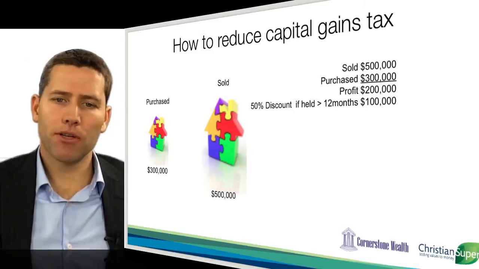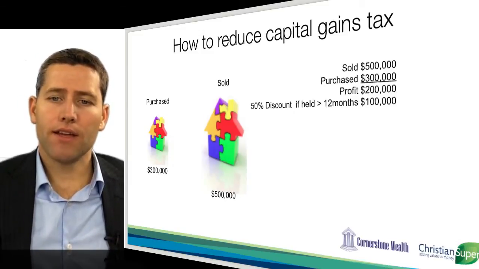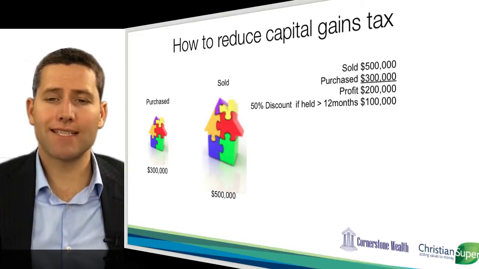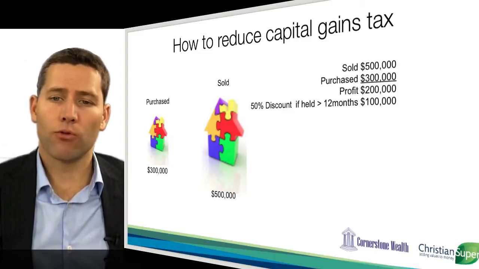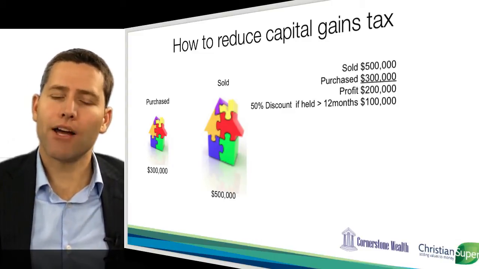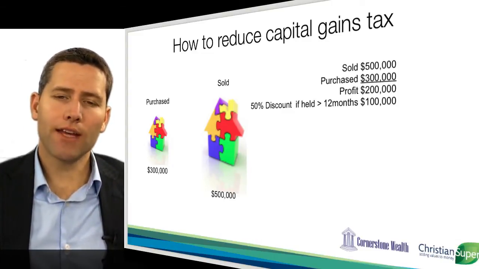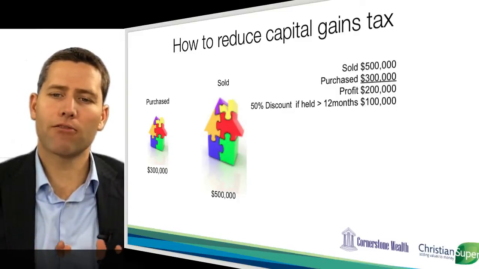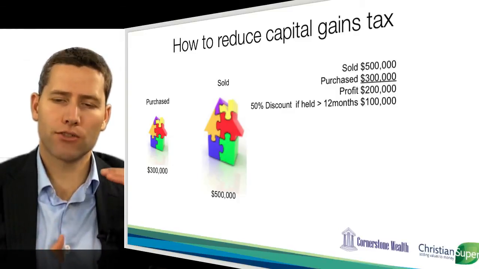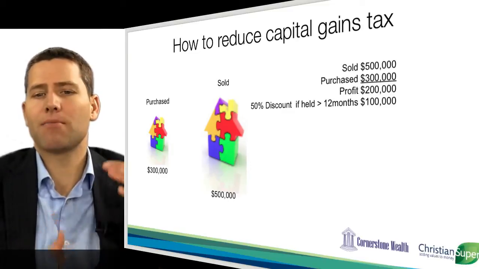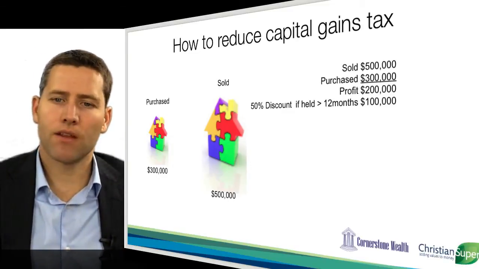If they've held the property longer than 12 months, then that $200,000 is discounted by half, or 50%, to $100,000. Now, if you own that in your individual name, that full $100,000 would be added to your taxable income, and you'd pay marginal tax rates on it.